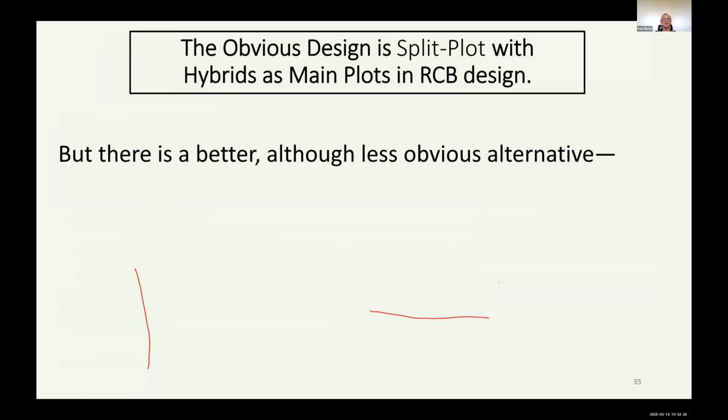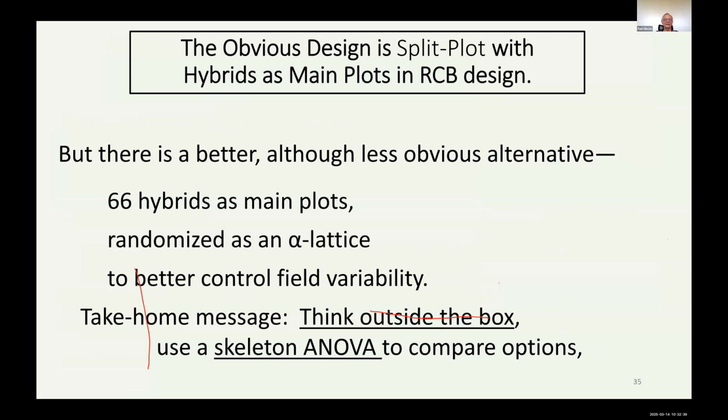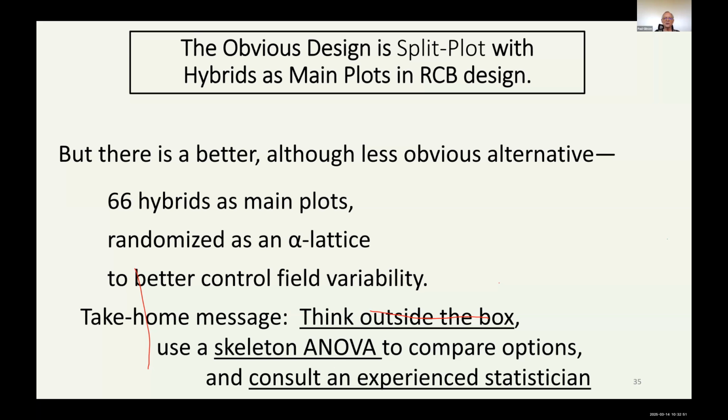However, there's a better, although less obvious alternative. The 66 hybrids as main plots, but randomized in an alpha lattice to better control field variability. And the take-home message from that is think outside the box and use a skeleton ANOVA to compare treatments, compare options, and consult an experienced statistician.